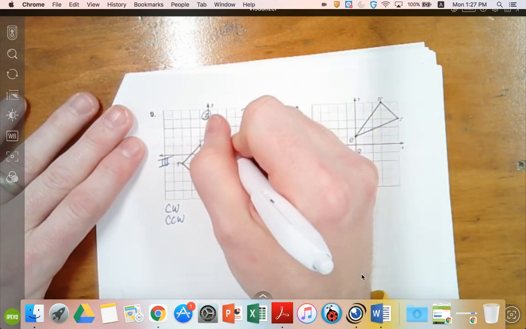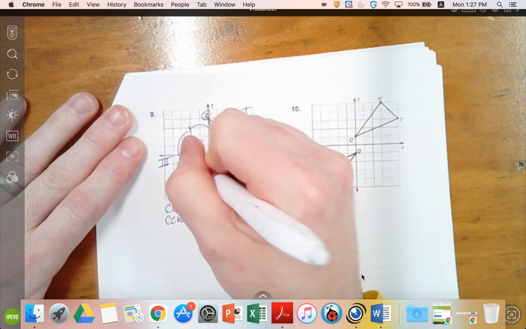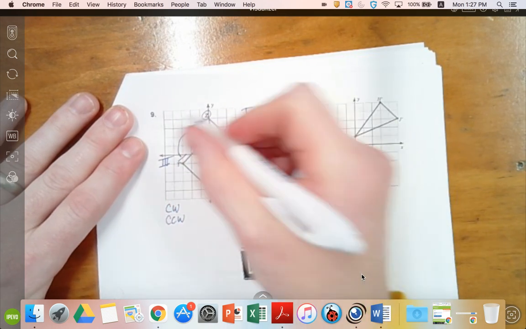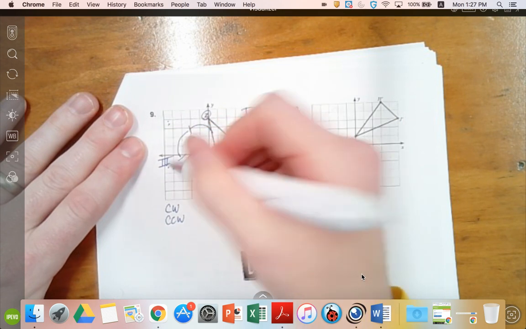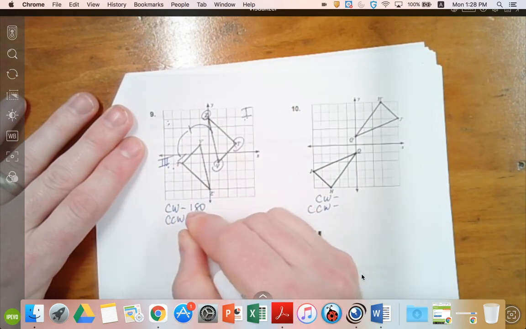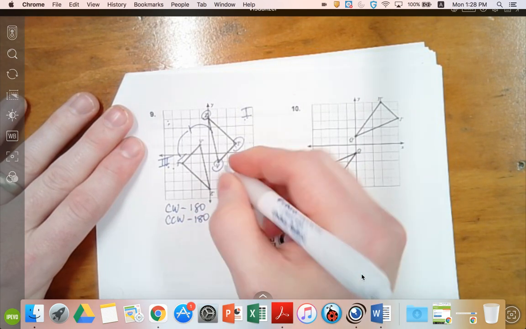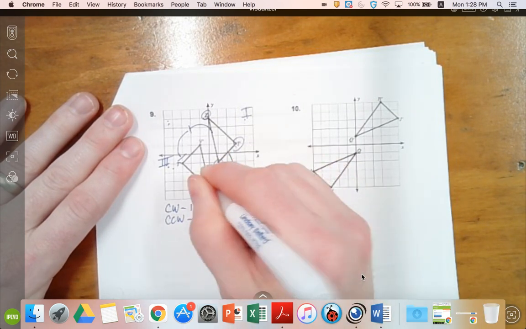So that is a turn of 1, 2 quadrants. So 1, 2, 3. See that? So there it is, 2 turns. So that's 180. And so this also has to be 180, going the other way in quadrant 4, quadrant 3.